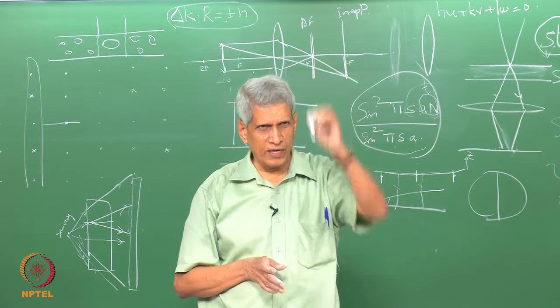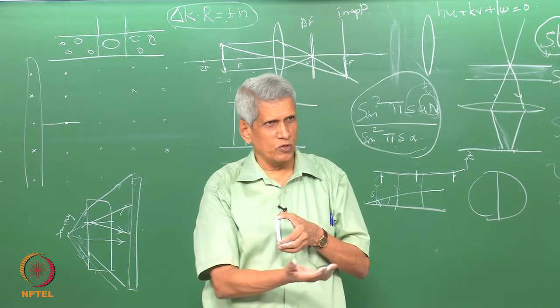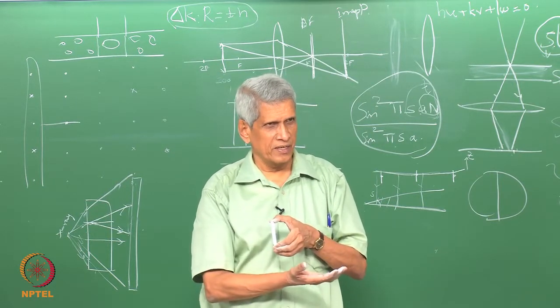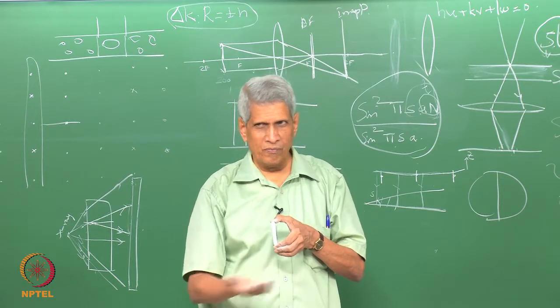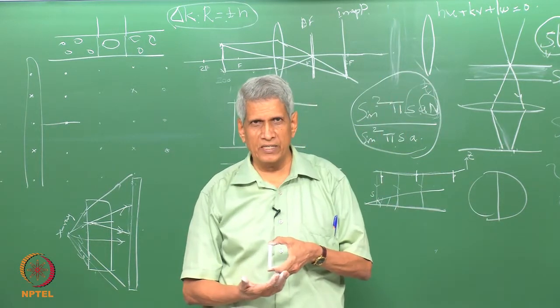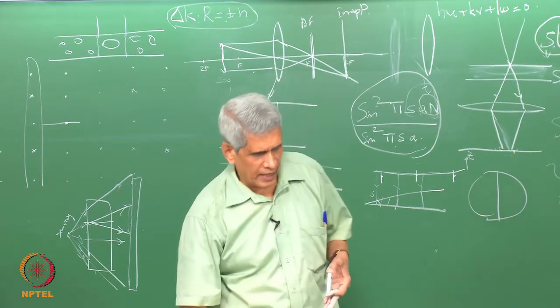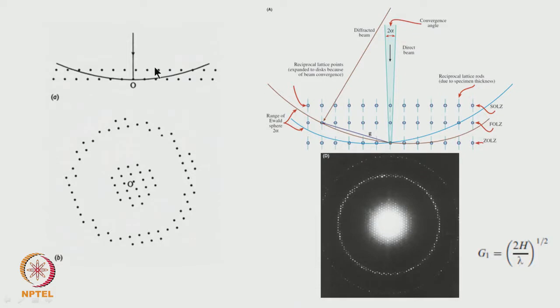If the beam is falling along the 001 direction, if you see the plane which passes through the origin, that is where it will be satisfying the zeroth order Laue zone condition. Okay. The next plane, like this plane, will correspond to the first order, the next one will be the second order, like that it will happen.